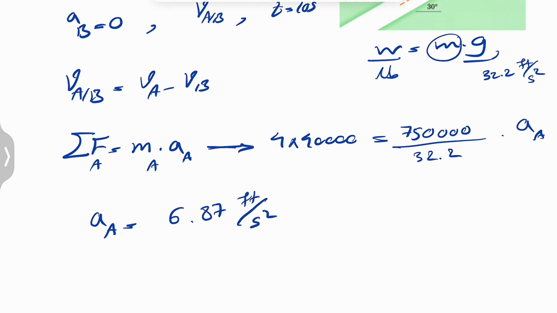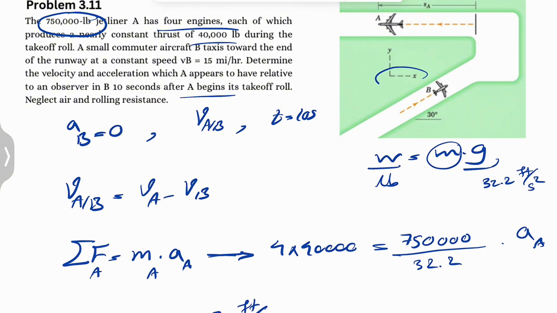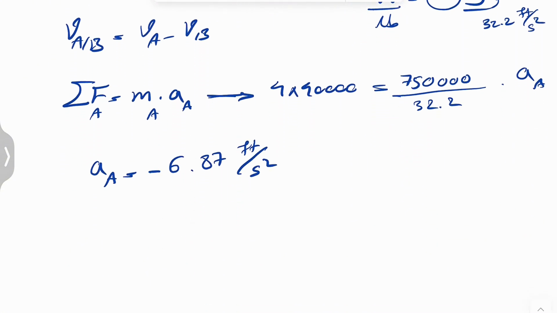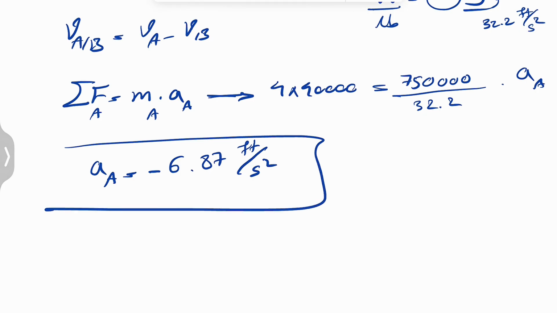And obviously, because it's in the opposite direction of our x, to the left, this is going to be a negative acceleration for us. Or here you can just show the force with a negative sign to find the acceleration.